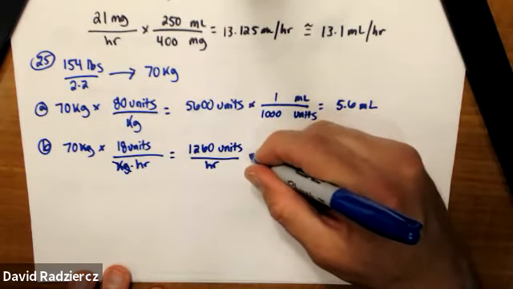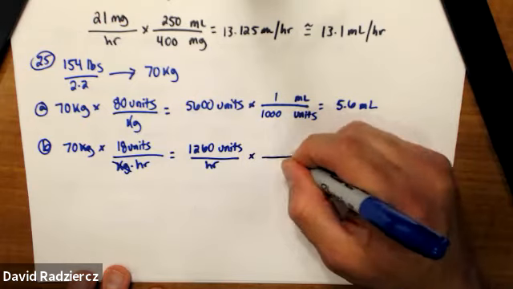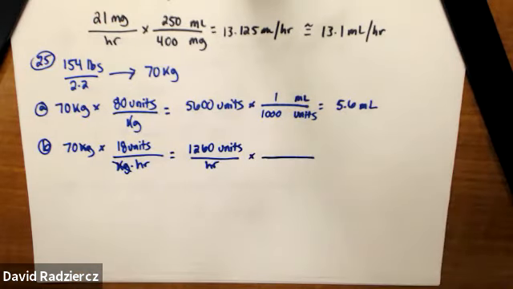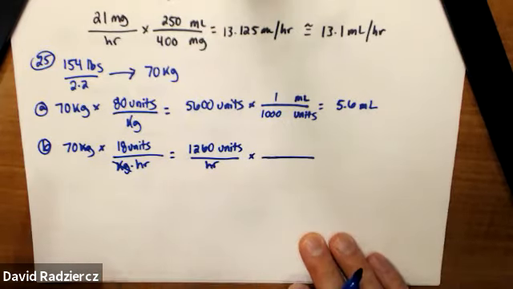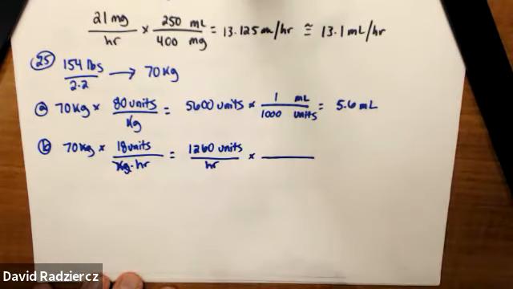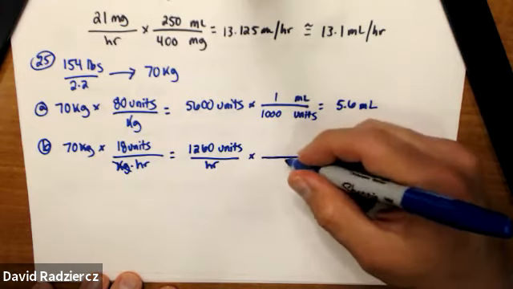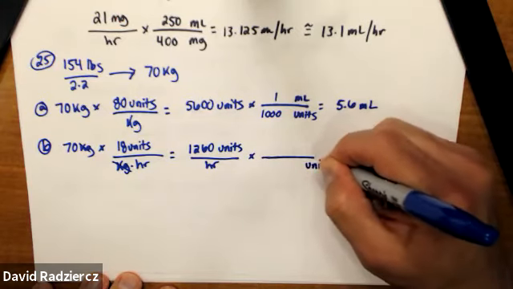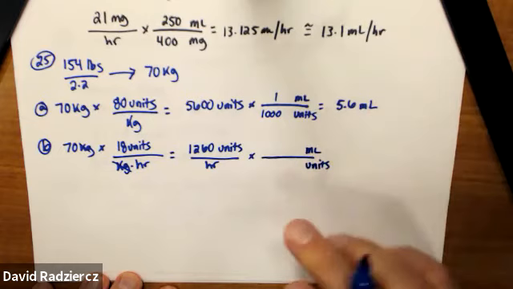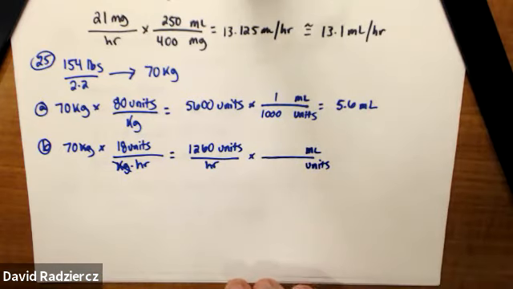I don't want units per hour, I want milliliters per hour. If you recall from some of the earlier questions, questions 22, 23, and even 24 are questions in which you go from units per hour to milliliters per hour. So those questions warm you up for the heparin protocol. So I don't want units, I want milliliters, and I go back to the protocol.